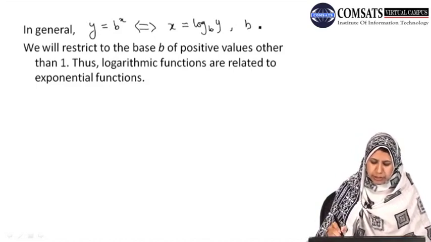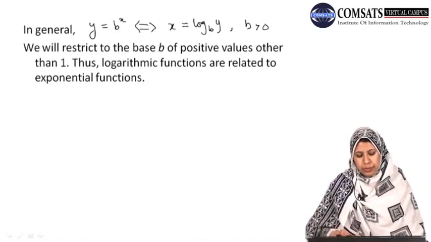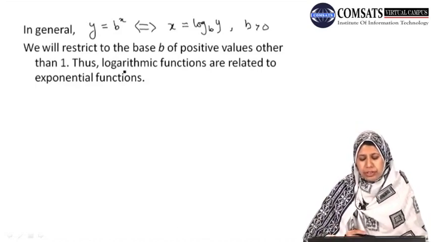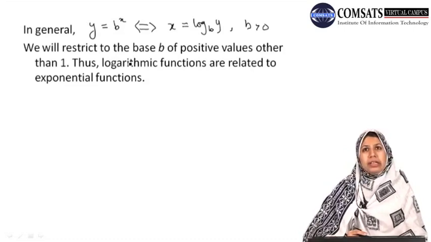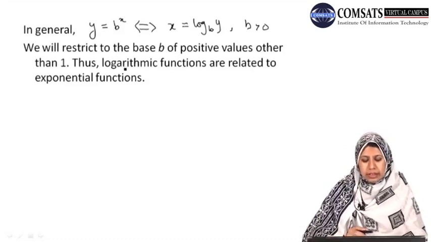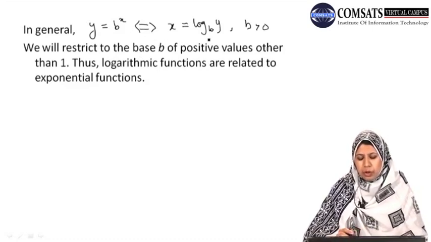where the base b should be greater than 0. So, if we have an exponential function y = b to the power x, then the logarithm is nothing but the exponent x, which equals the log of y to the base b.